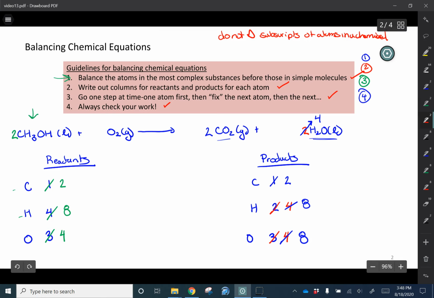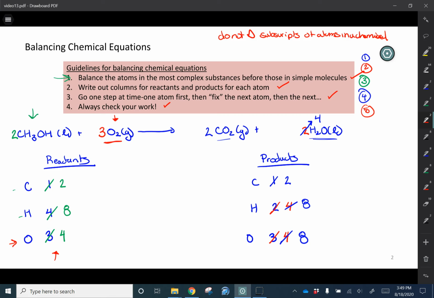Now let's go back to red. 5th step. The only thing that needs to change are the number of oxygens, and all I need to do is double the number of oxygens here. This is where our simplest molecules come in very handy, because in order to double, going from 4 to 8, if I put a 3 in front of this oxygen, that means I'm going to have 6 moles of oxygen from this.